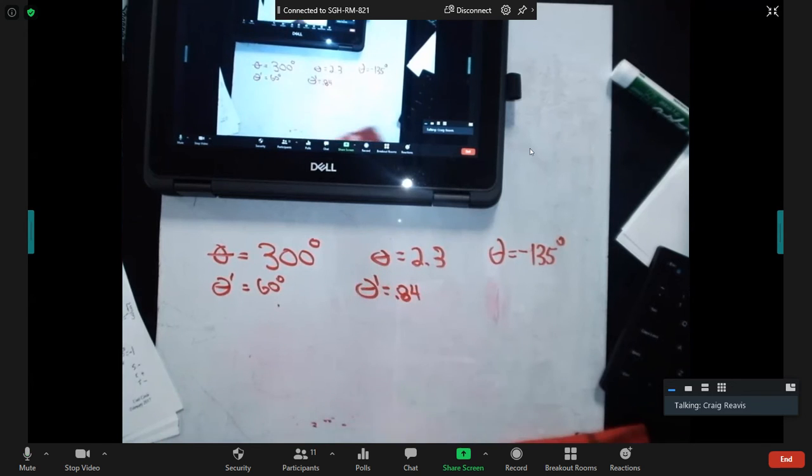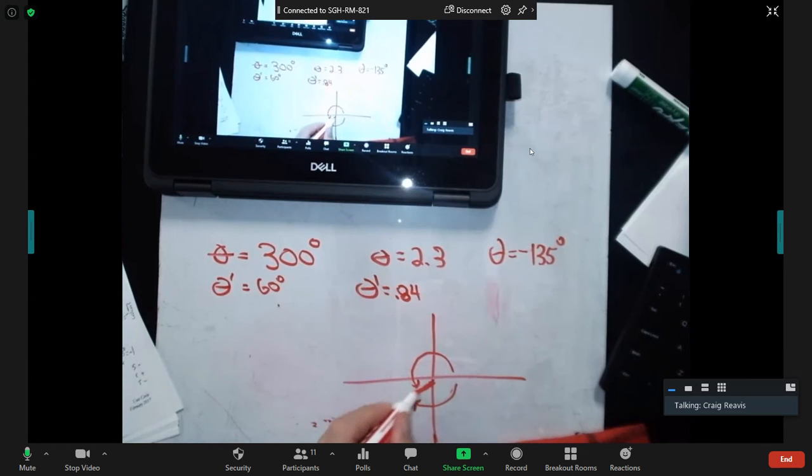Then this one, negative 135 degrees, negative means we're going this way. This is 90 to 180, so we know it's down here. All right. So really what we need to do here is find out what the positive angle is, right?